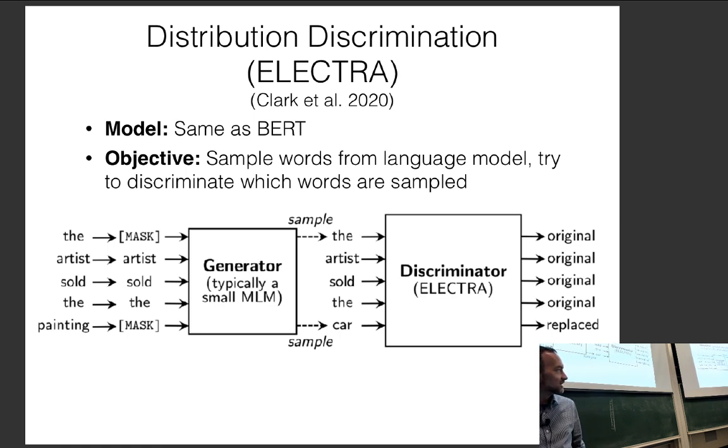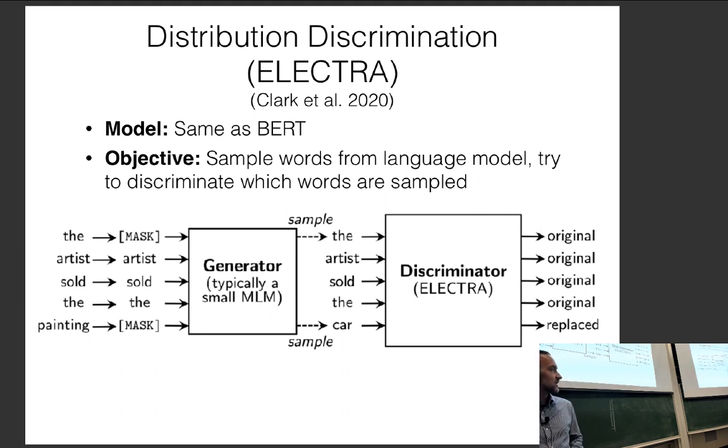And then you might get the word "the", which follows the distribution, but you also might get a word like "car", where an artist selling a car is a little bit less likely than an artist selling a painting. And then basically what you try to do in the pre-training objective is predict whether each word is the same as the original or whether it has been replaced by something else.